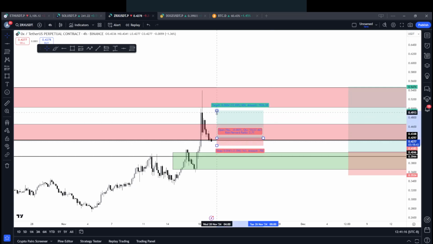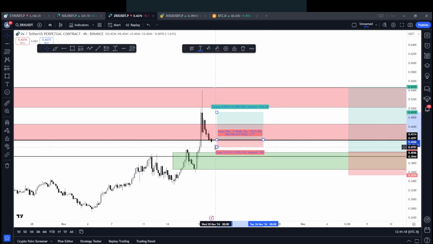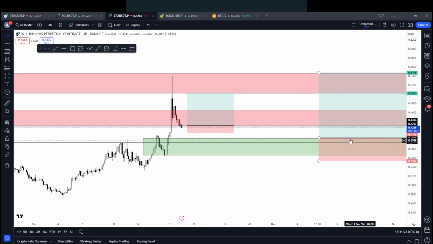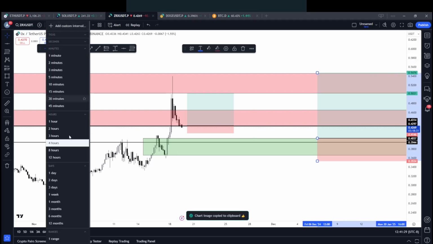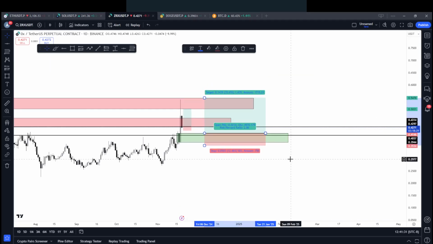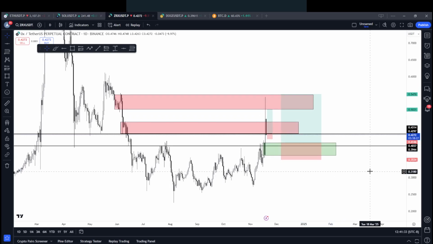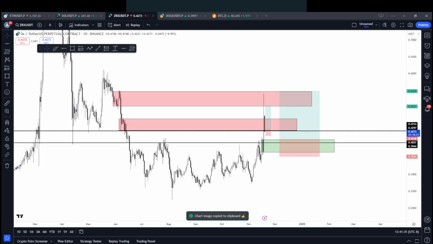That's if we close the daily above. Otherwise, you're looking for this level here. So I'll post, you wouldn't catch me close to a coin like this. I'd rather be close to Diddy.